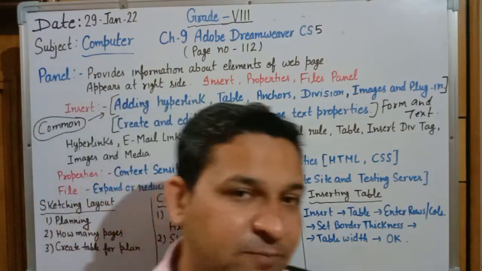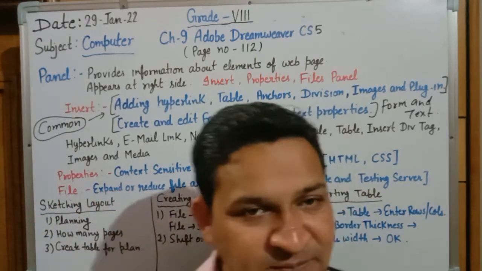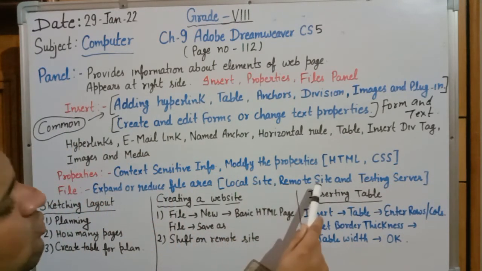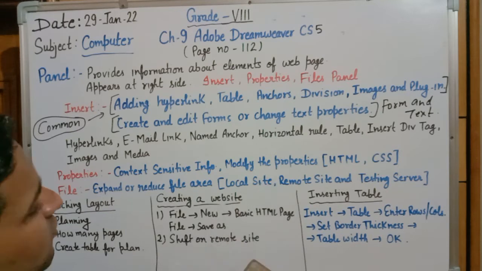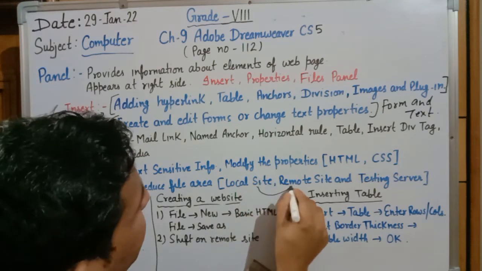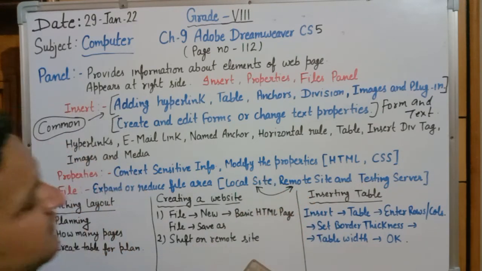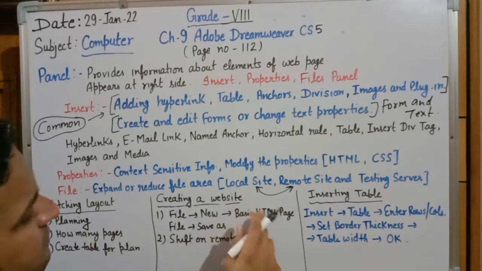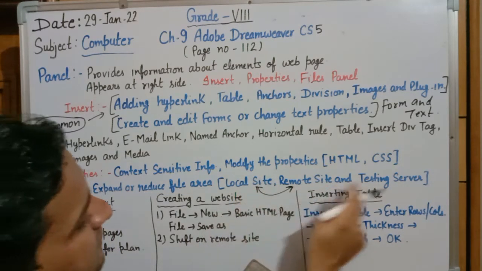When it is expanded, we can expand only either local site or remote site. Out of the two, we can expand only one. When it is collapsed, all three options will be available.